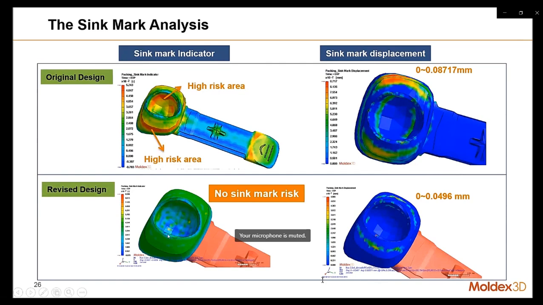So what it means is there is high risk to get the seam mark. And when we check the seam mark displacement, the one shot design has a very high value, so it is a very bad situation. And when we check the two shot design, we can see the seam mark displacement in the head area is much more even, and the value of the displacement is much lower.